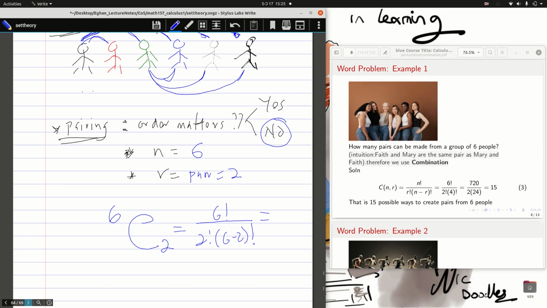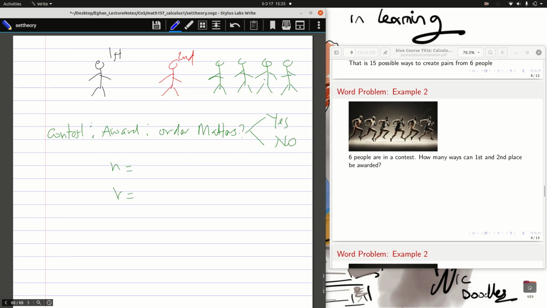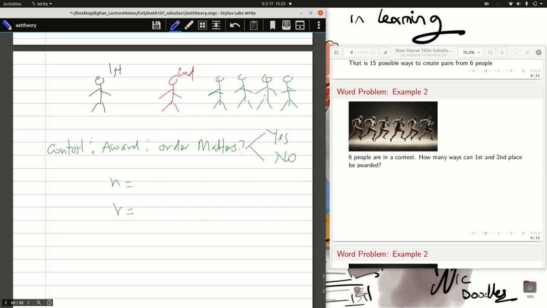Okay, now the second example, I have a contest and I want to award just the first and then the second runner-up. A contest, an award. So you ask yourself, does the order matter? Exactly, yes. If I swap position here, they are not the same.